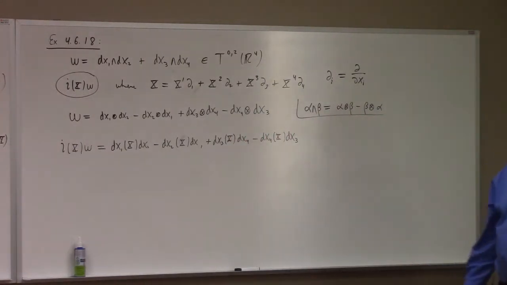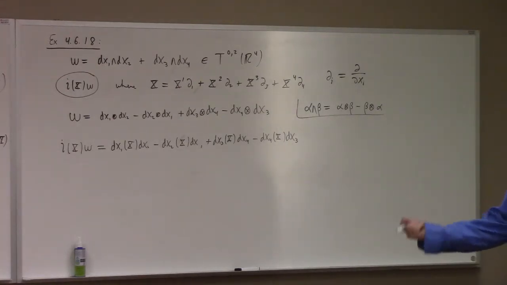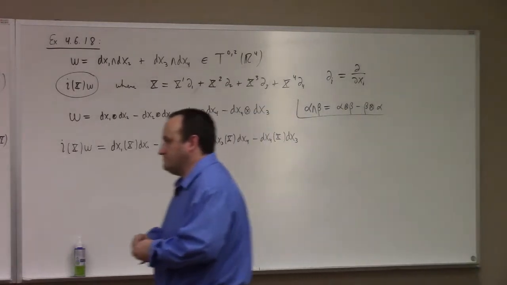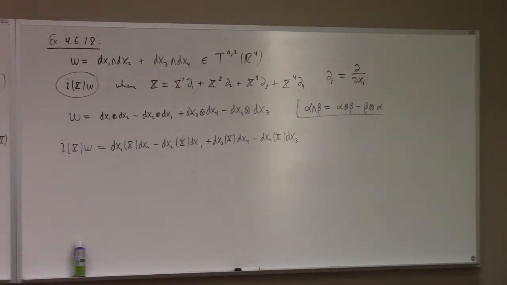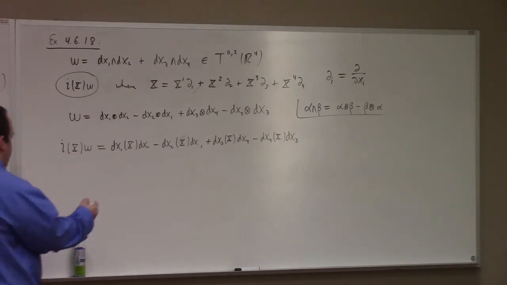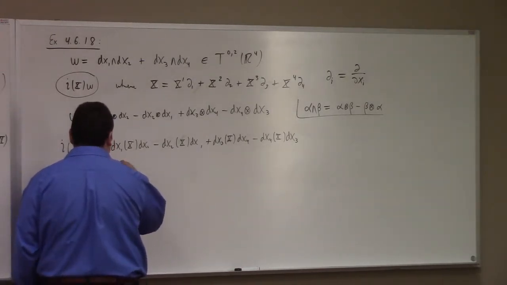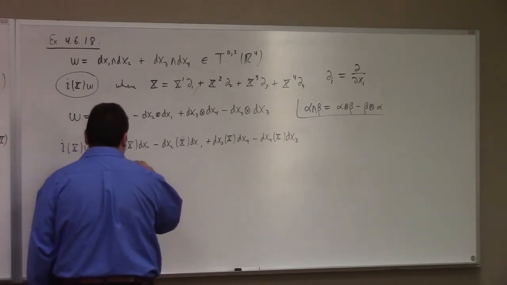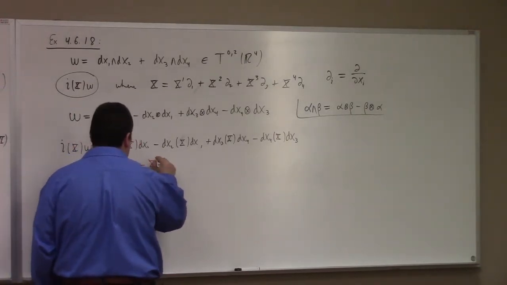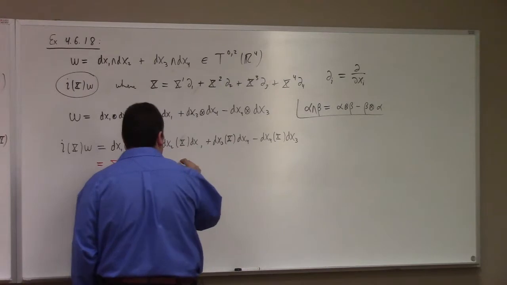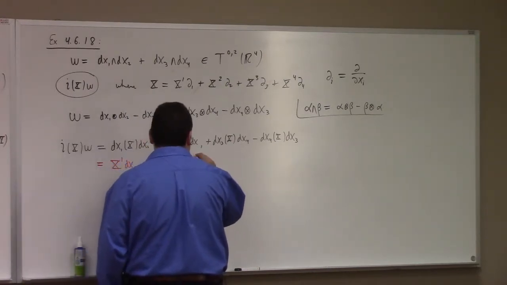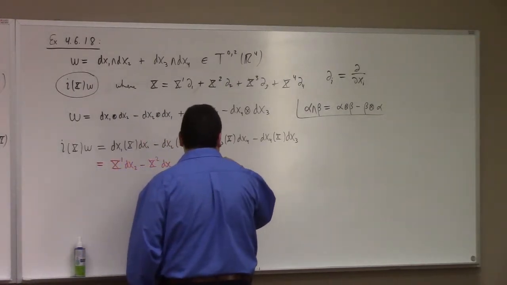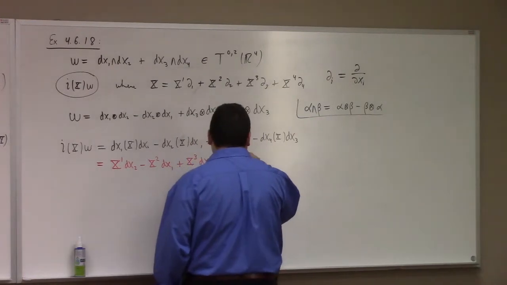But what is dx1 of x? What is dx2 of x? That's the first component of x, right? So this is x1 dx2 minus x2 dx1 plus x3 dx4 minus x4 dx3.